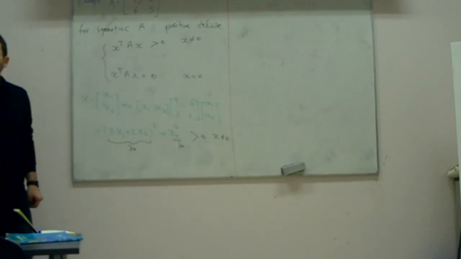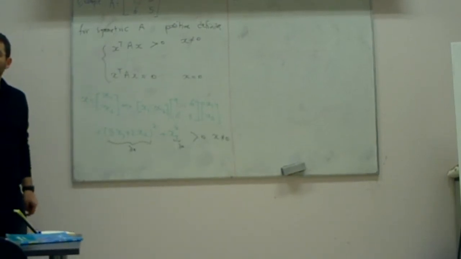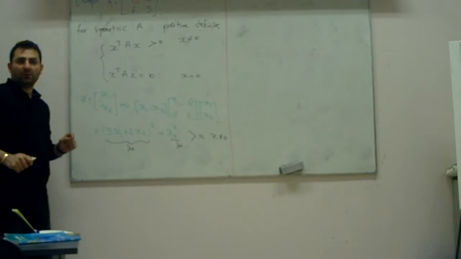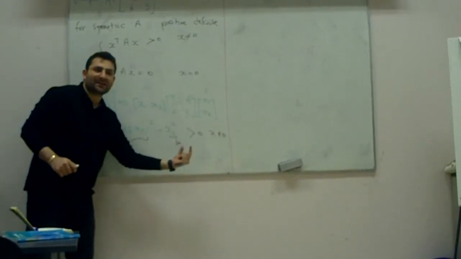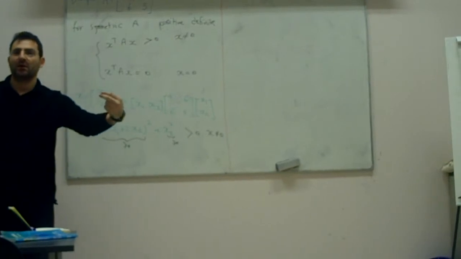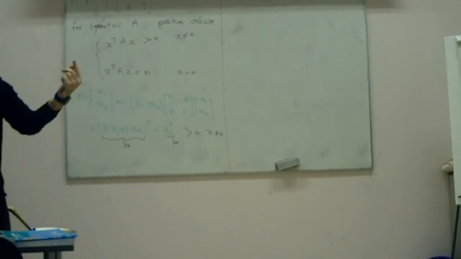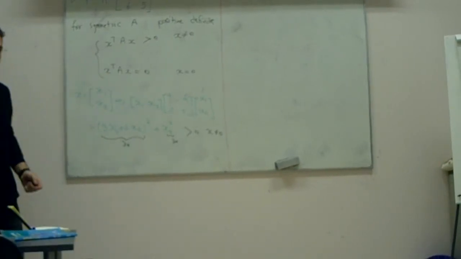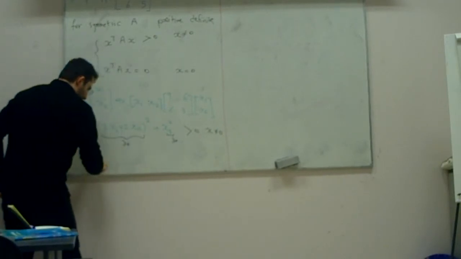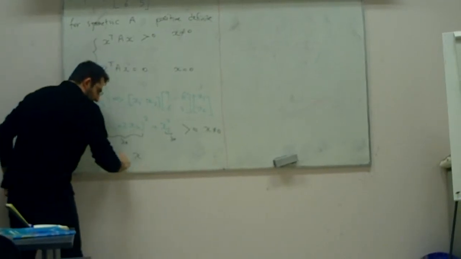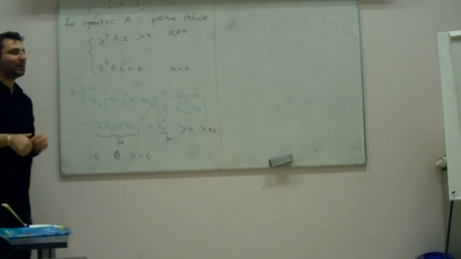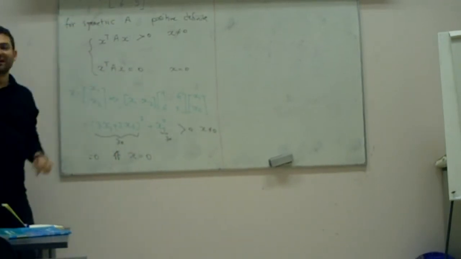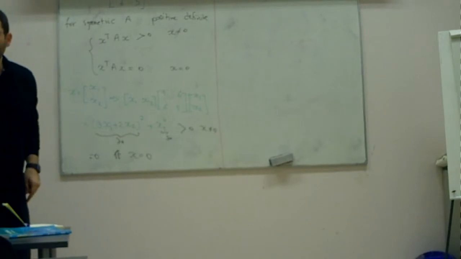What will happen if x is 0? The only way to get 0 from adding a non-negative number plus a non-negative number is if both are 0. And this is 0 if and only if x is equal to 0. So this matrix is positive definite.